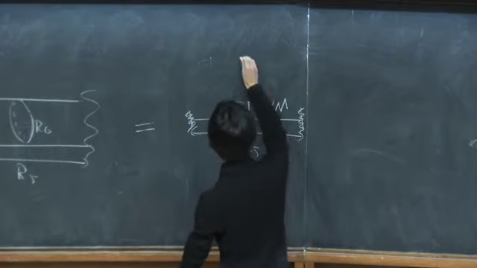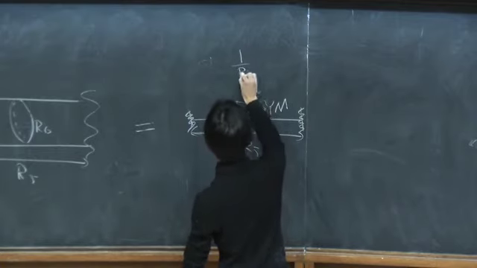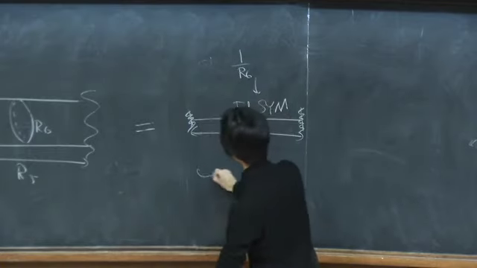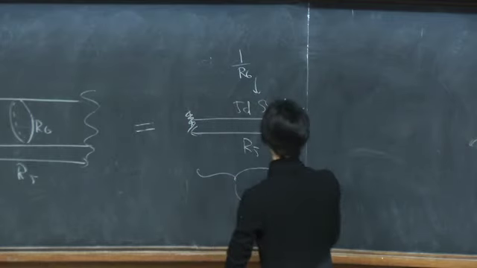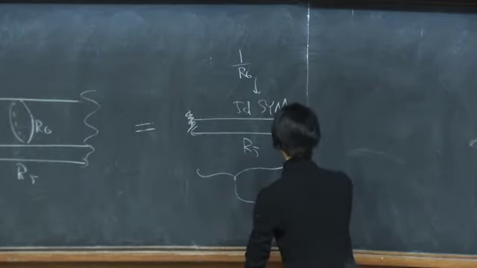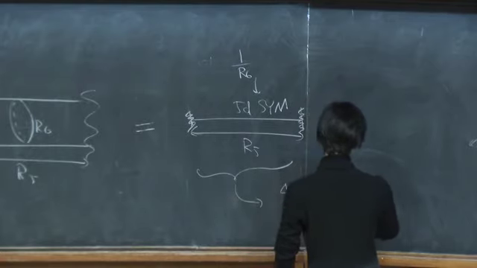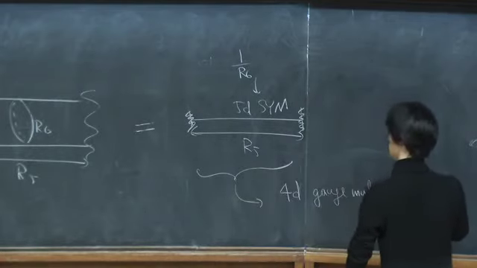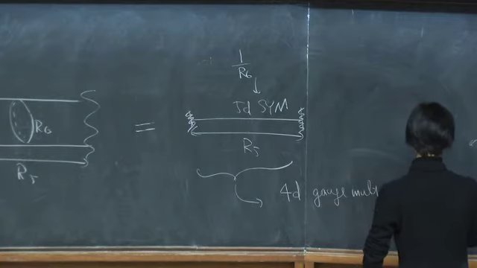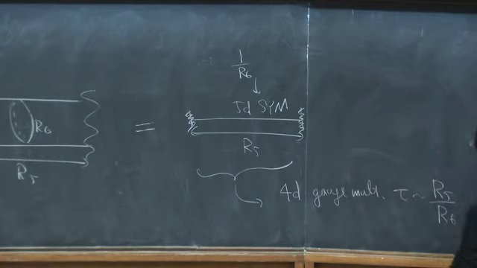And the gauge coupling constant was like R1 over R6. Therefore, if you go further down to 4 dimensions, this is a 4D gauge multiplet with tau given by roughly R5 over R6. So that's what you get.